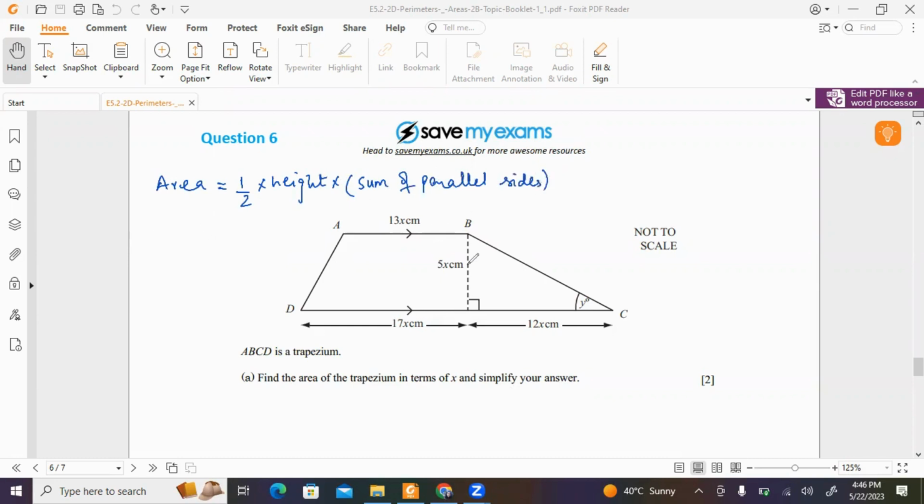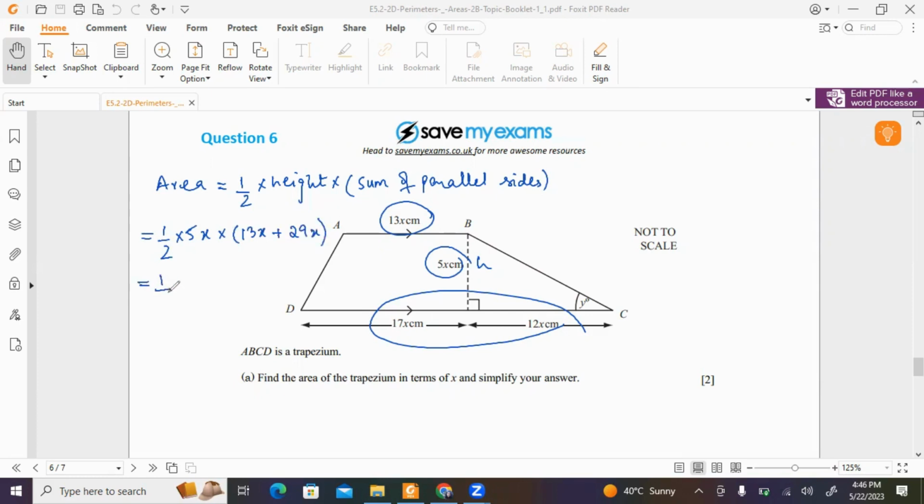So our height is given as 5x. Parallel sides are 13x and 20x. So I'm going to do 1 over 2 times 5x times 13x plus 20x.